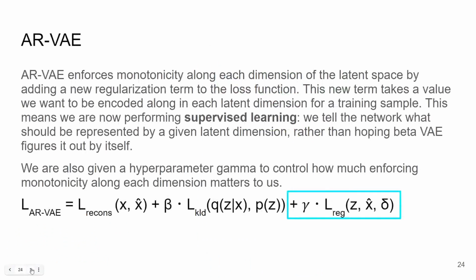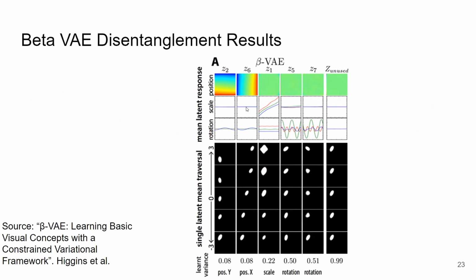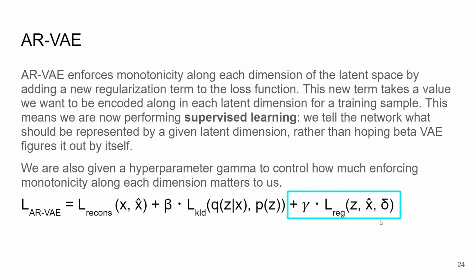Now, with AR-VAE, we add a new term into the loss function, this regularization term. And we're not actually going to go into what the regularization term does, but essentially, we are now allowed, basically, to choose what dimension we want and what properties we want, as long as we have the data to pass into the model with it.